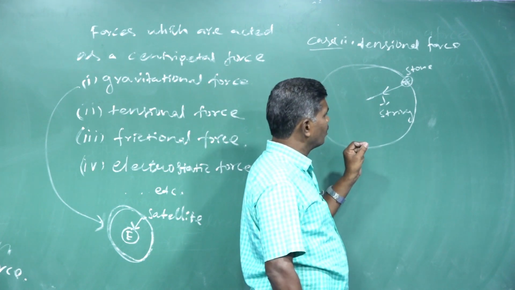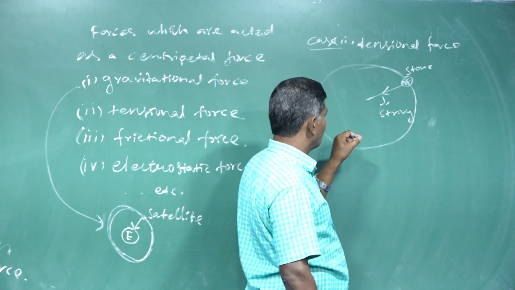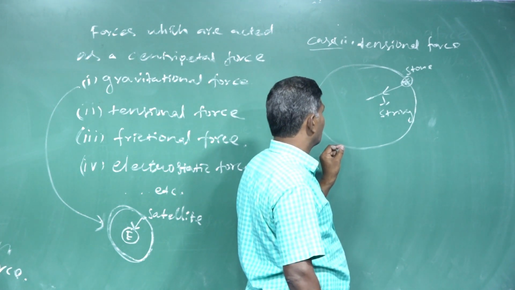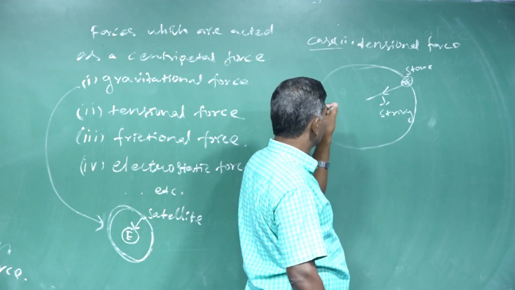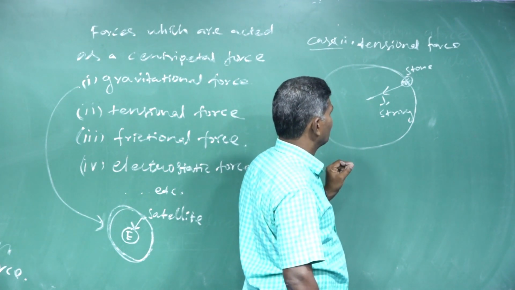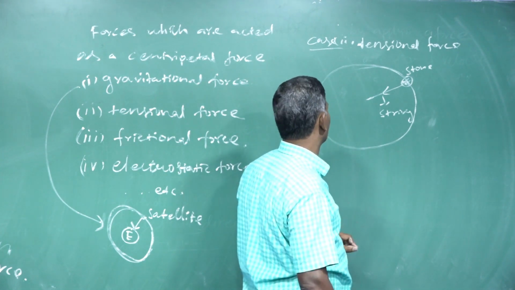That's why, when a stone whirls in a circular path with its string, the string's tensional force acts as a centripetal force. That is the second example.